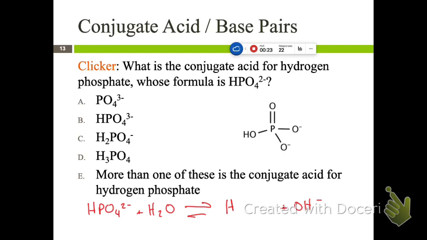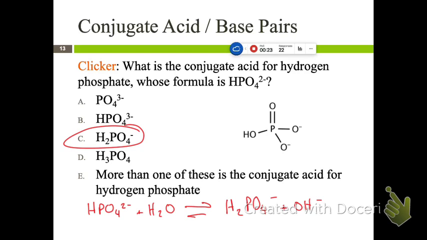So what am I going to put right here? If this acts as a base, what's the conjugate acid it's going to form? Which is what the majority of the answers were.